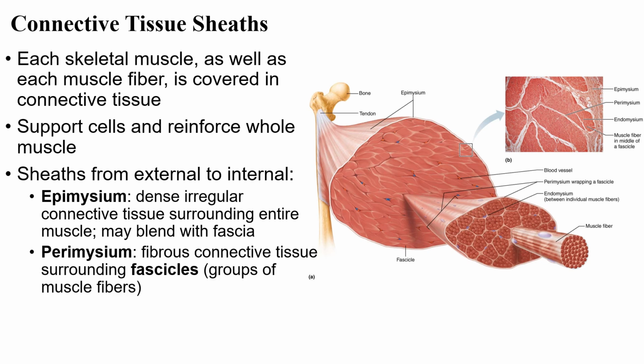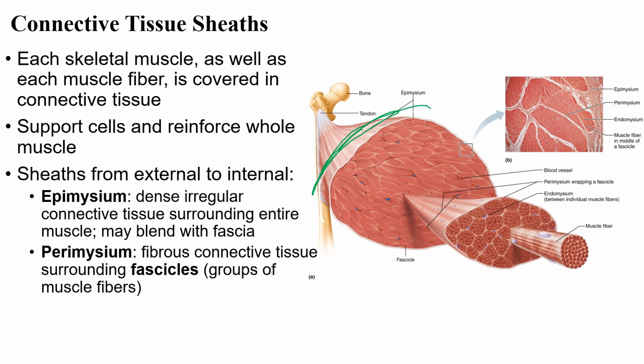The lower levels, so kind of the next level in, is going to be perimysium, and so this is going to be the kind of next layer. And so the epimysium, let me change my colors, sorry. So epimysium is right here, so it's on the outside.